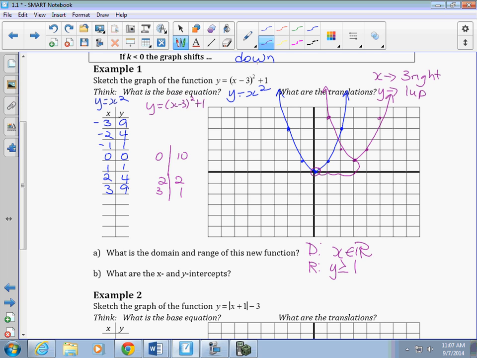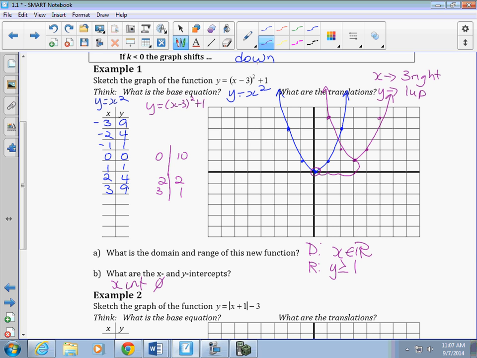What are the x and y intercepts? Well, if I look at the graph from what I have, I can see that it's never going to cross my x-axis here. So x-intercept doesn't exist. It's the empty set. The y-intercept, I haven't calculated it there, but I could by putting in x is equal to 0.